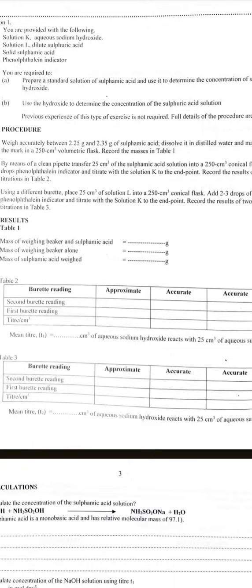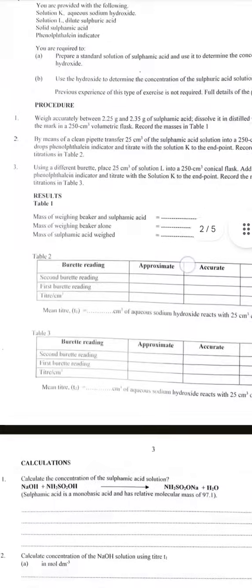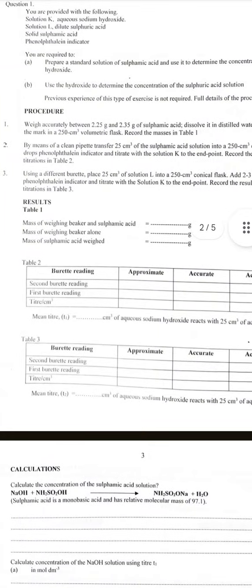You pipette 25 cm cube of the sulfamic acid standard solution and pour it into the conical flask. Then you need to add 2 to 3 drops of phenolphthalein indicator. Once you add that indicator, the color of the standard solution changes. Then you titrate what you have in the conical flask with solution K.